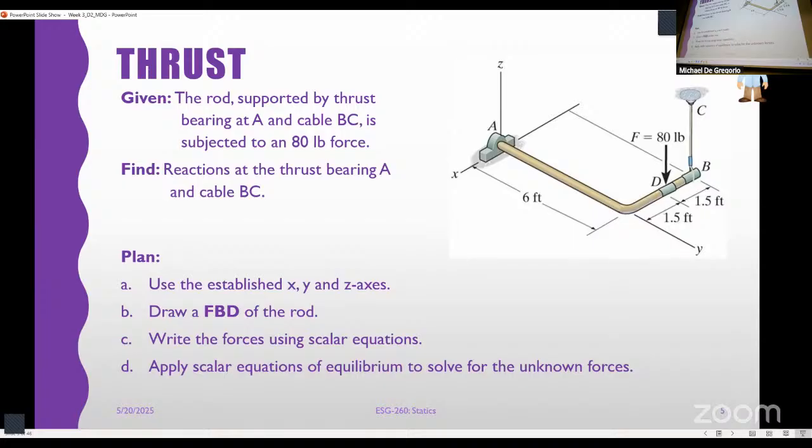So this is only allowed to spin around the y axis, right? And so if you go to table 5.2, a single thrust bearing has 5 unknowns. Right? And we'll draw the free body diagram in a second. The reactions are 3 forces and 2 couple moments. The couple moments are generally not applied if the body is supported elsewhere. We're going to apply them here and we're going to solve for them.